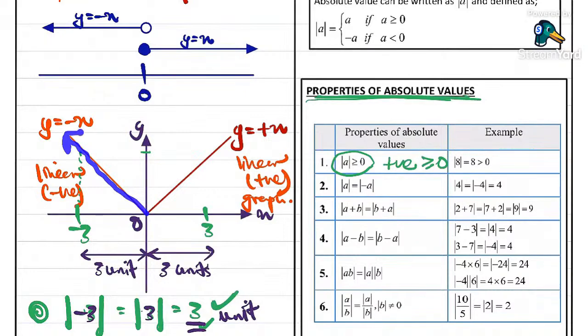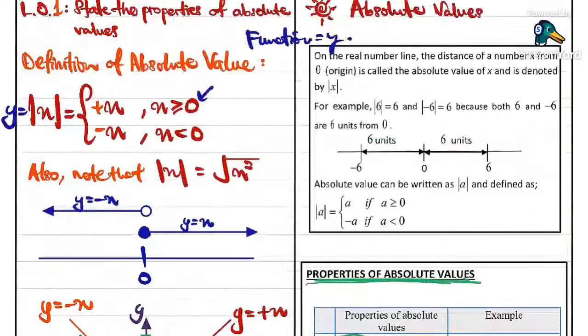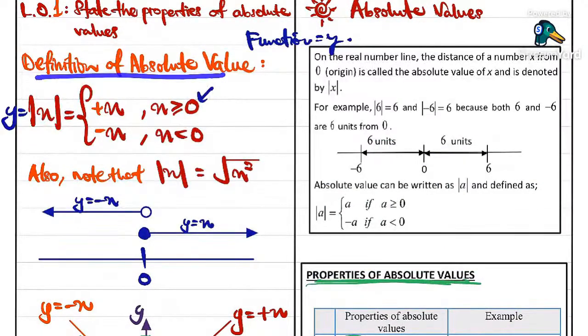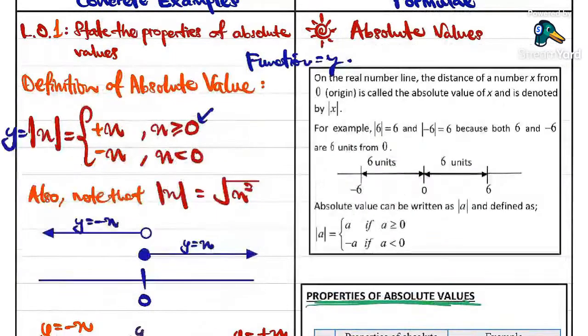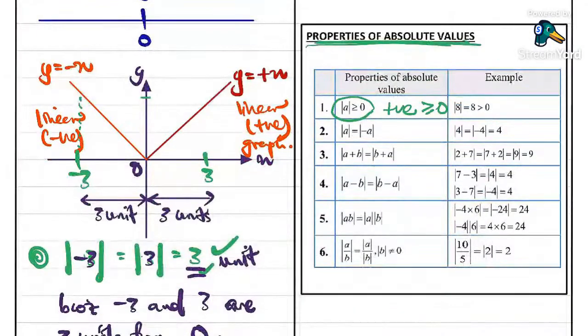So all of this is the journey of x less than 0, which we call a negative linear graph. So it's very connected with each other, even though you haven't learned the graph yet, but you do know the basic graph, right? So it's very important to know the definition, then I can go to properties. You can see for yourself why it is like this, and you see the example here.